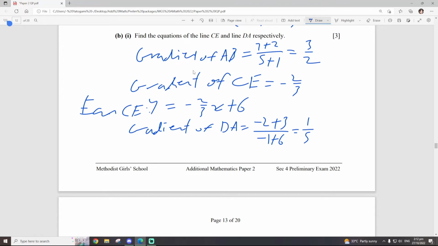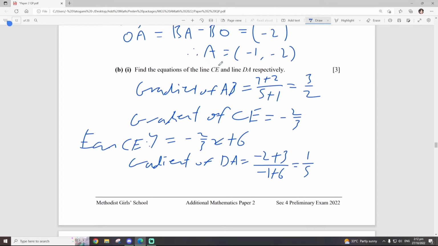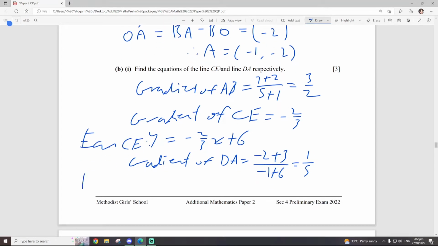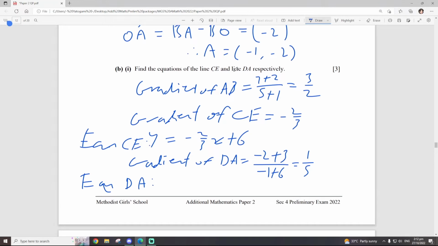Oh wait, yeah, this is correct. So for equation DA, we have the point -1, -2. So y plus 2 is 1/5 (x plus 1), which implies y equals 1/5 x minus 9/5.